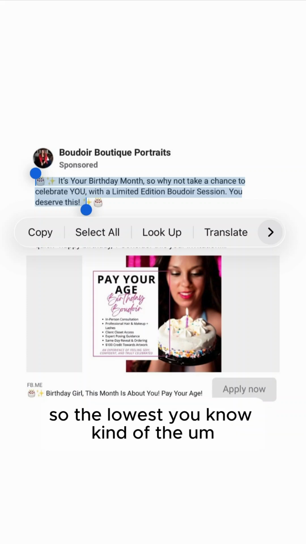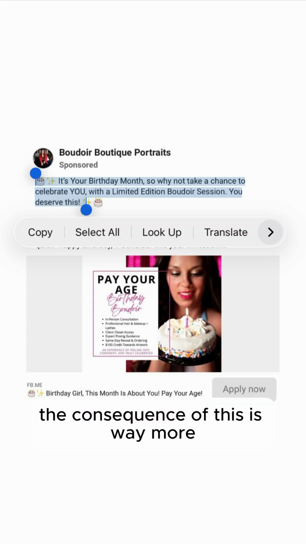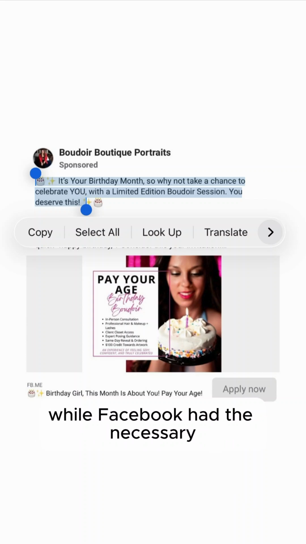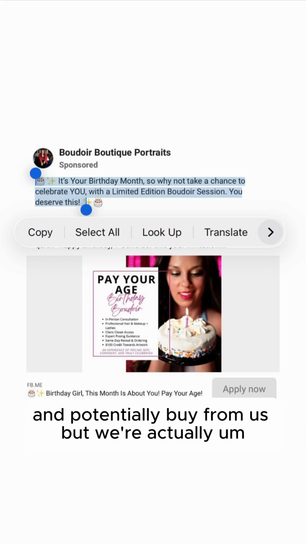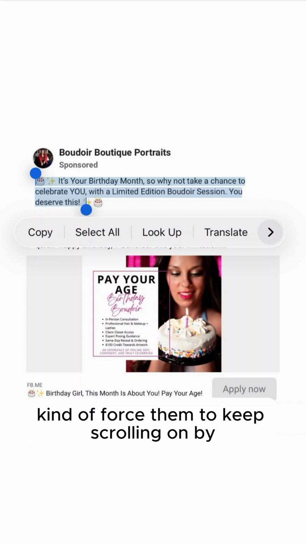The consequence of this is way more women are going to scroll by our Boudoir Facebook ad than necessary. They could have been perfect to click in and potentially buy from us, but the way we set it up kind of forces them to keep scrolling on by.